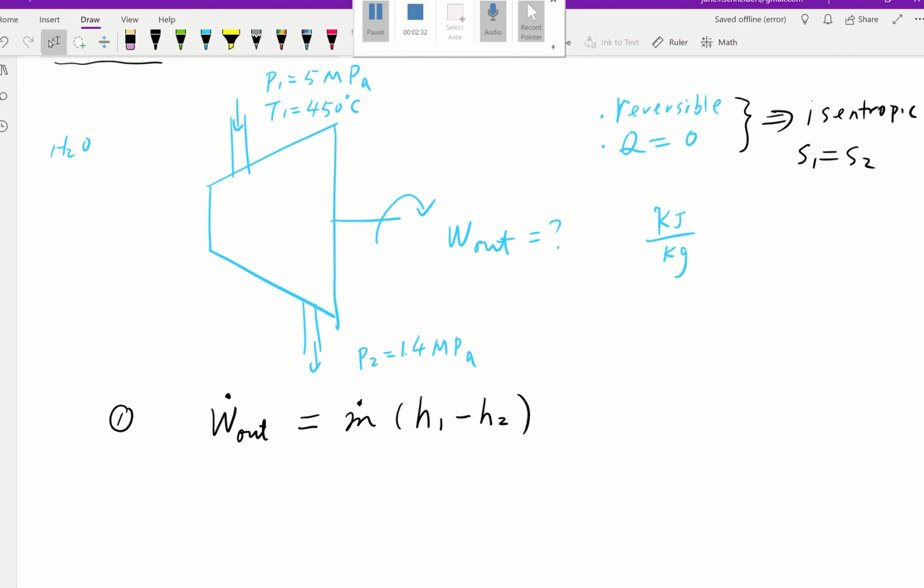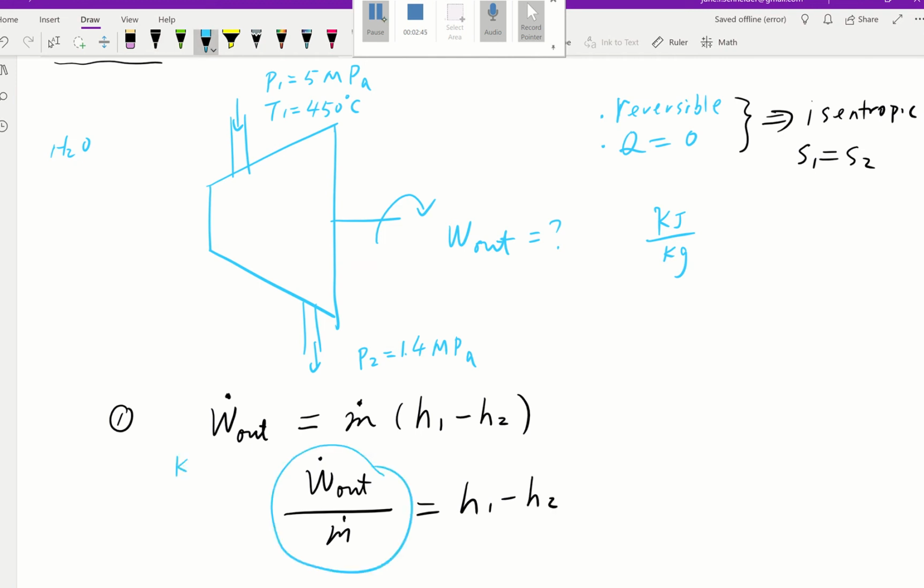Dividing the work out by the mass flow rate gives H1 minus H2, and the unit is kilojoule per second over kilogram per second, which gives kilojoule per kilogram. That's what we're solving. In other words, if we find H1 and H2, we solve the problem.